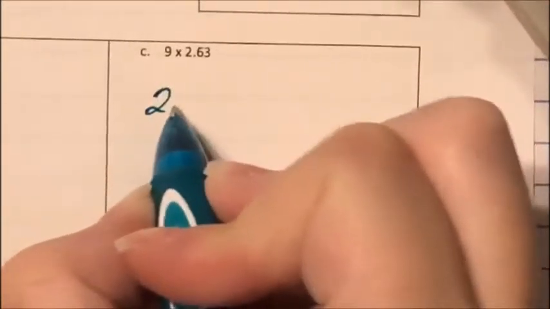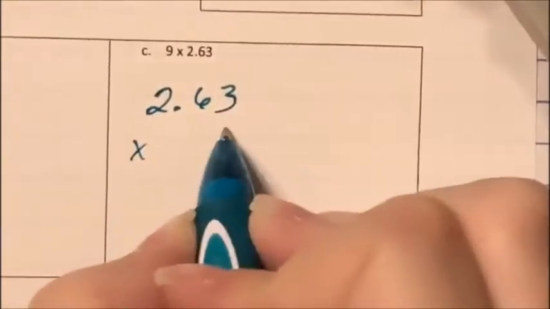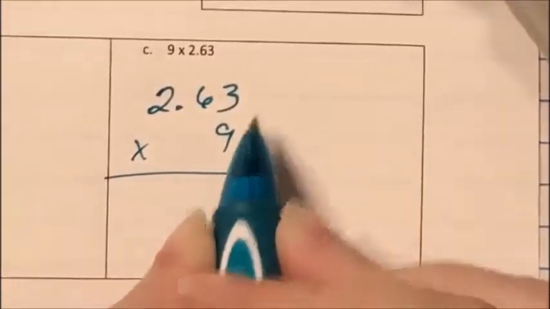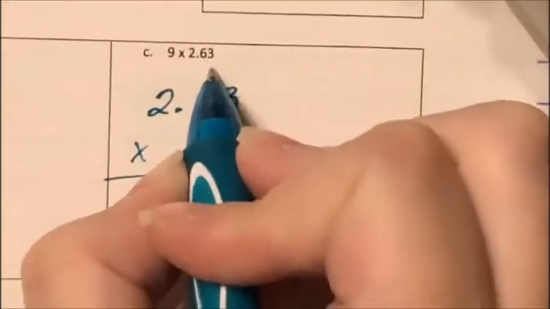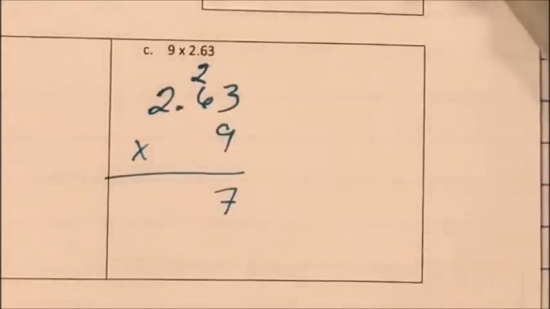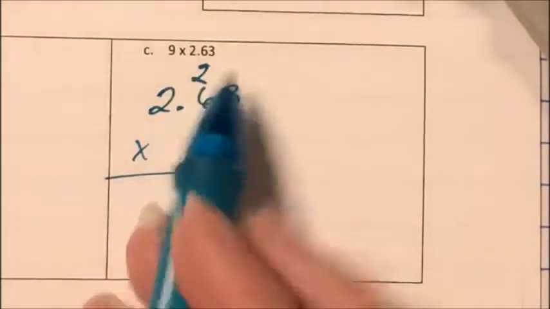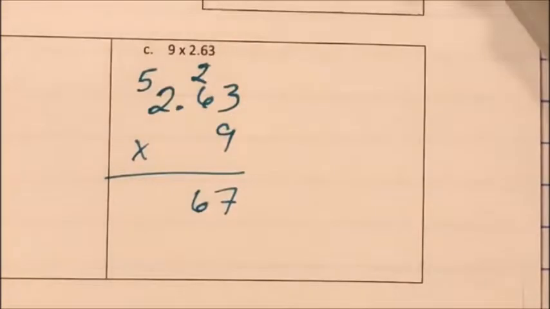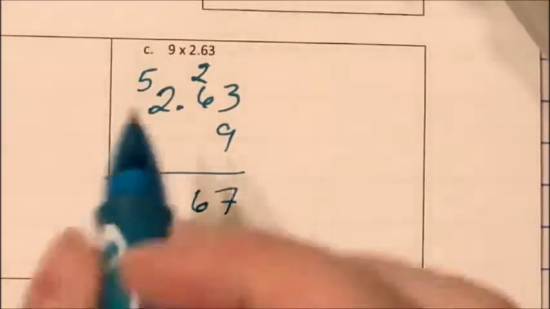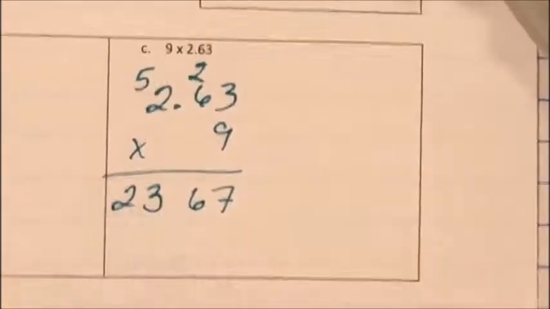Letter C says 9 times 2.63. So I'm going to take 2.63 times 9 and multiply. 9 times 3 is 27, and I carry the 2. 9 times 6 is 54, plus 2 is 56. 9 times 2 is 18, plus 5 gives me 23.